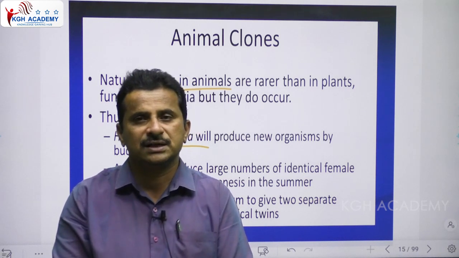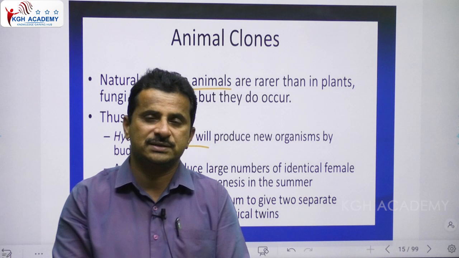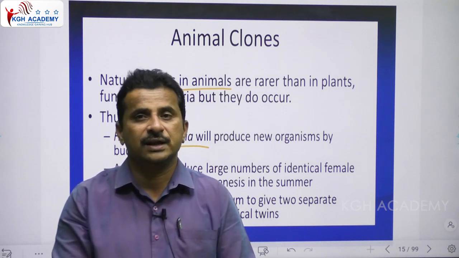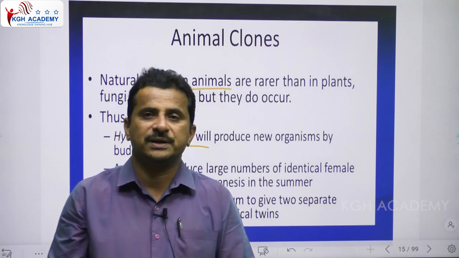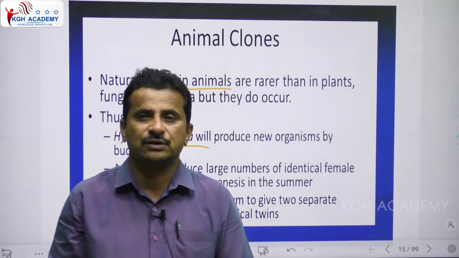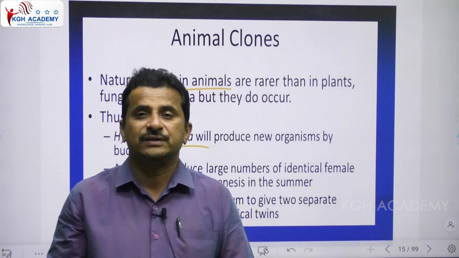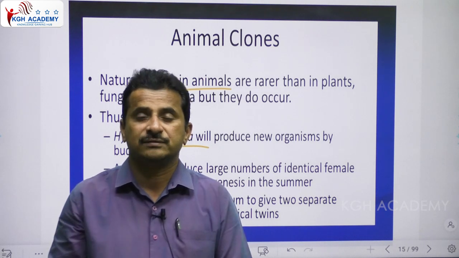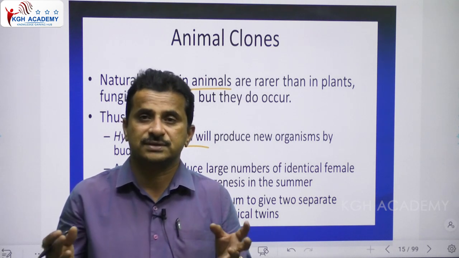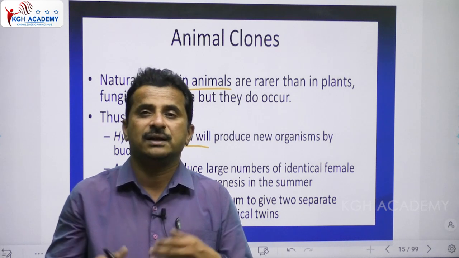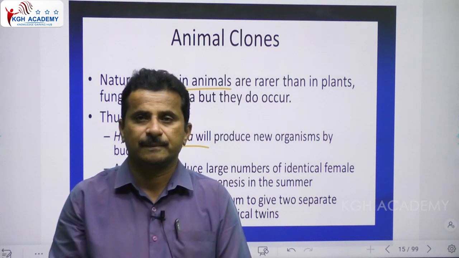Actually, asexual reproduction is not present in higher animals. Asexual reproduction is present only in lower animals. Asexual reproduction means without production of gametes, without fusion of gametes, without formation of zygotes, organisms develop directly.